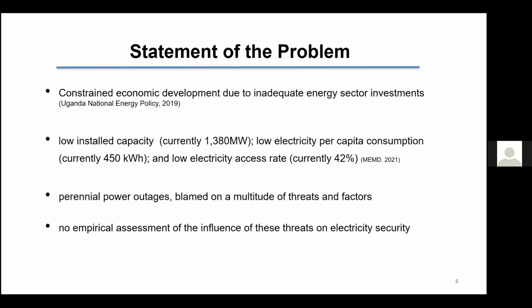So from that background, what am I observing in Uganda today that would say there's a problem around this particular issue? The National Energy Policy of 2019, which was revised, of course, outlines issues that are really pressing our energy sector in general, among which it mentions the constrained economic development that we see today because of inadequate energy sector investments.